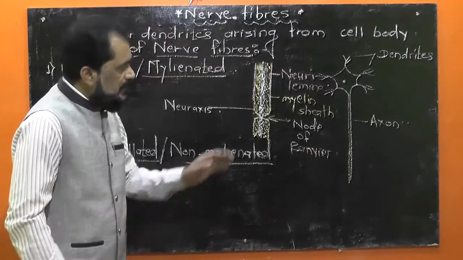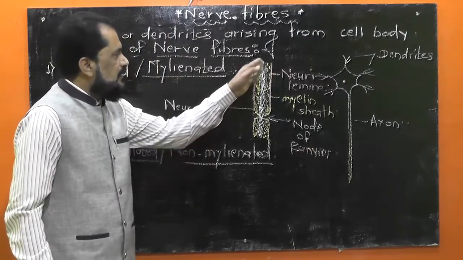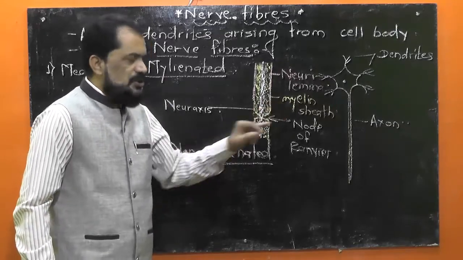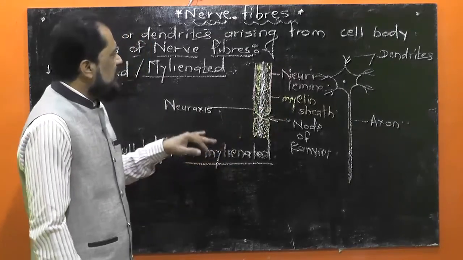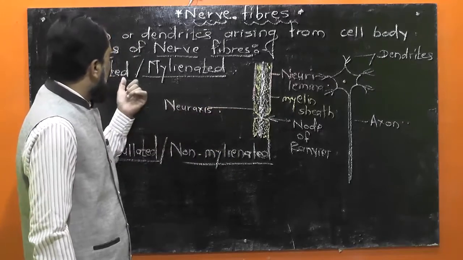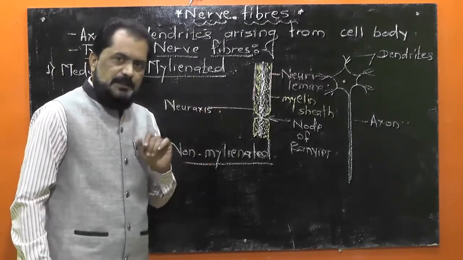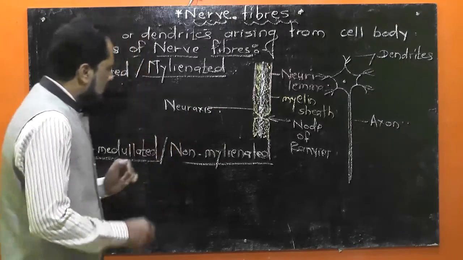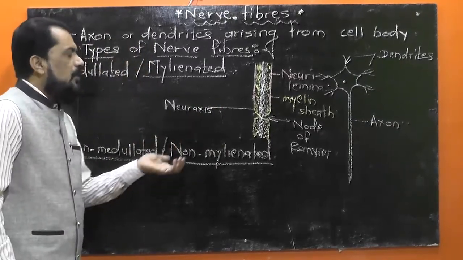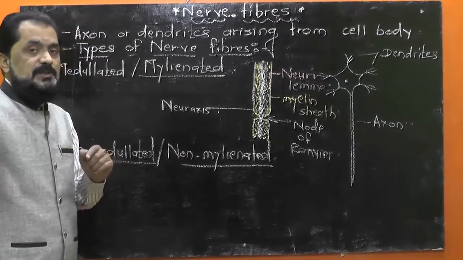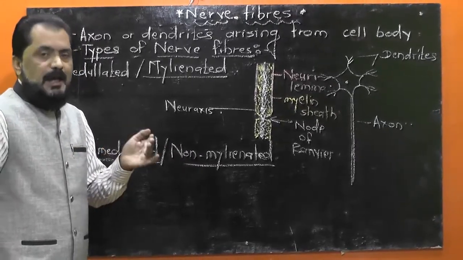Now as in this type of nerve fiber, the axis cylinder is wrapped within the myelin sheath, medullary sheath, that's why such type of nerve fibers are said to be medullated nerve fiber or myelinated nerve fiber. While non-medullated or non-myelinated, the name itself indicates, non stands for none, that is absent.